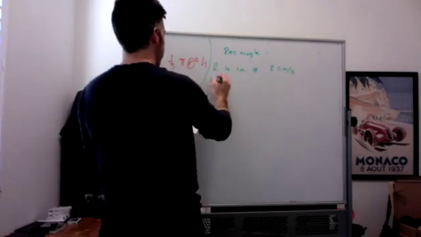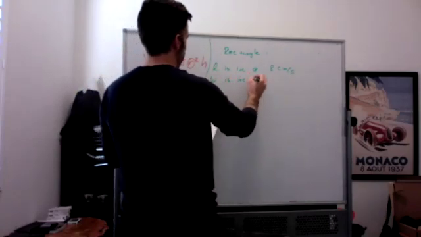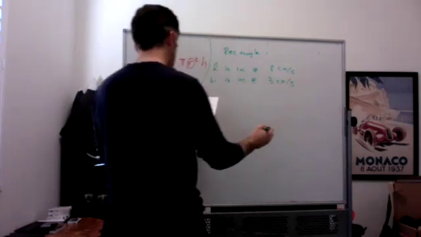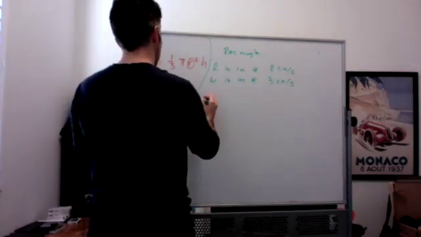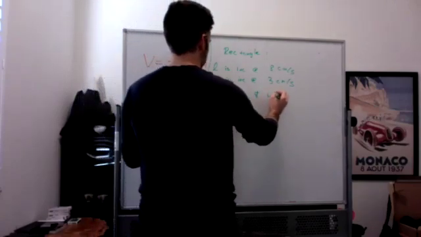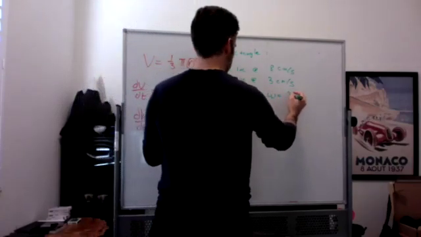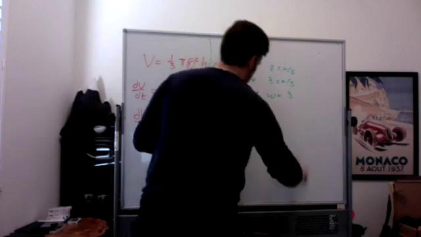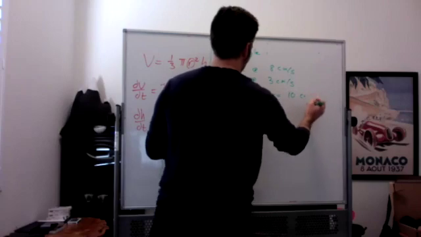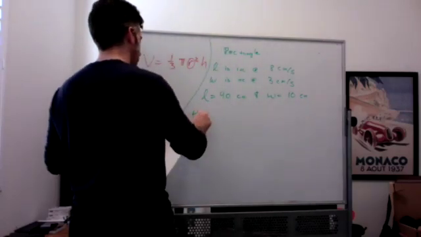The width is increasing at 3 centimeters per second. And we're given that the length is 40 centimeters and the width is 10 centimeters. They want to know how fast the area is increasing.